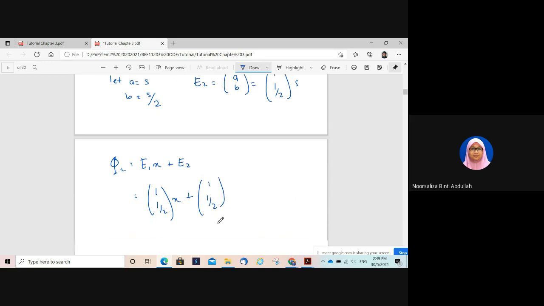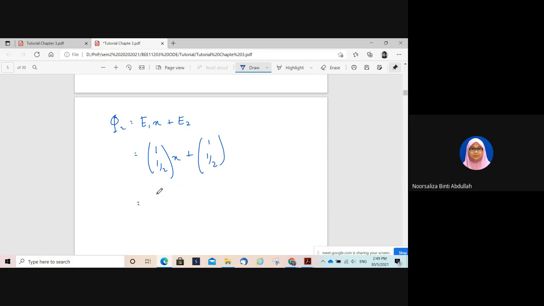Then this one times x is x, plus 1 is 1 times x, so here is x/2 plus 1/2. So this is your eigenvector 2.